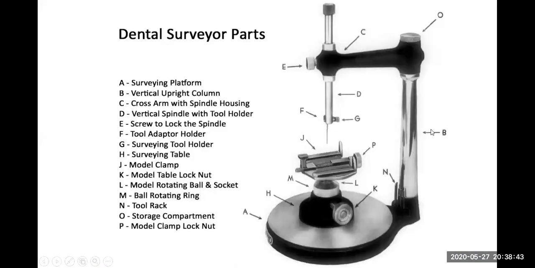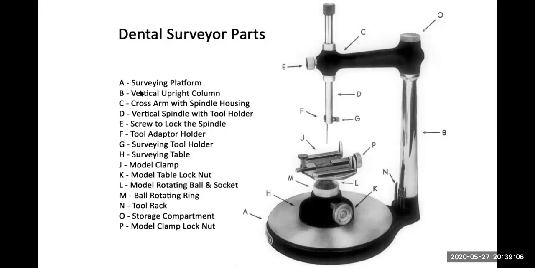Let's look at another one too. This is dental surveyor parts. This is more like the one you just saw, but it's well labeled, so that you can understand the parts more than in the previous surveyor.